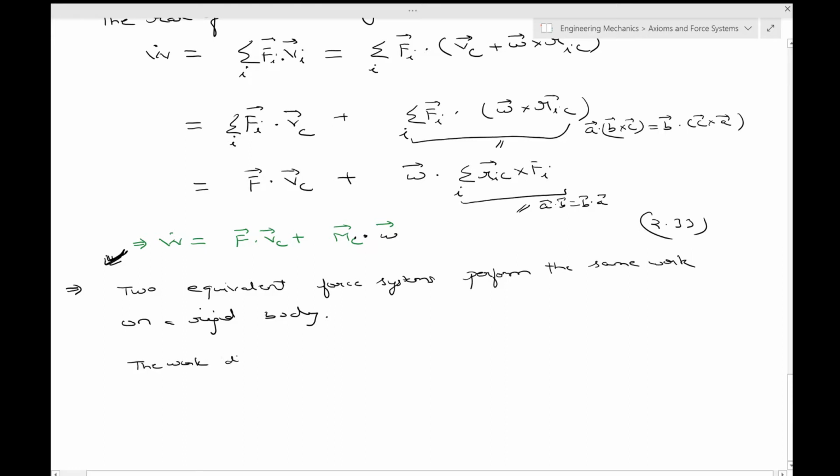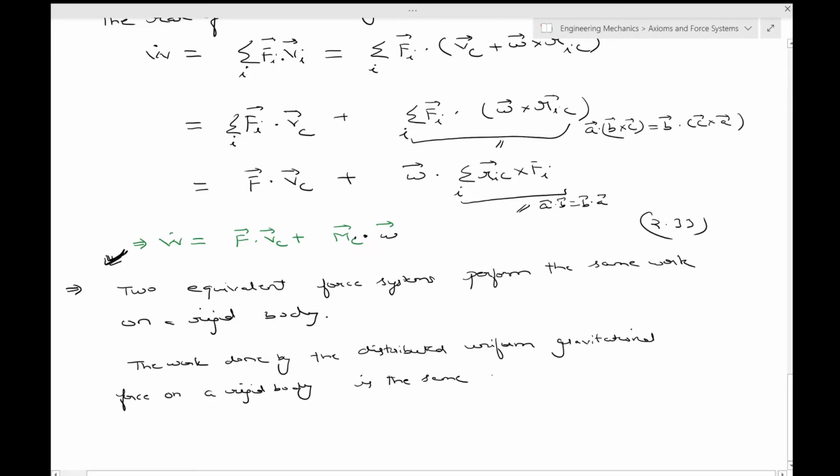The work done by the distributed uniform gravitational force on a rigid body is the same as that due to its resultant.